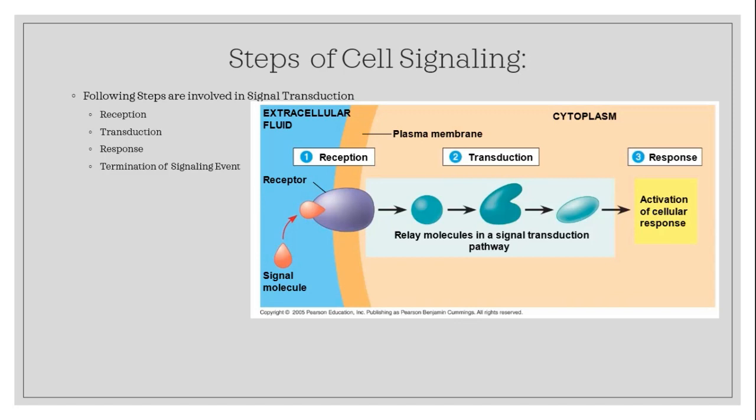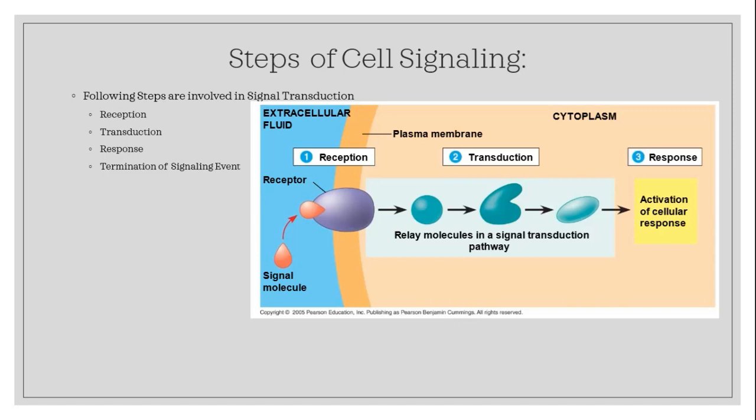This termination of the signaling event takes place either by positive or negative feedback control, where certain molecules from this chain of molecules will act as a feedback control and will lead to reset of the receptor. The receptor will release the signaling molecule, and it will be reset for receiving another signal.